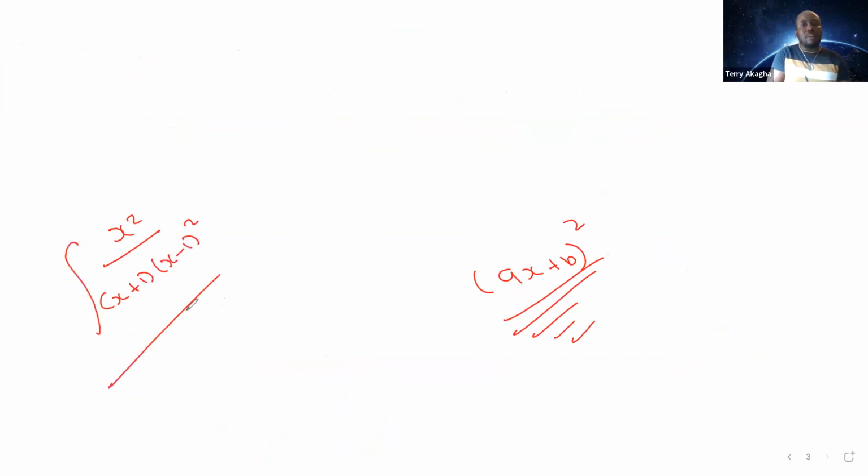When you're told to integrate something like this, what do you do? This is different. What we just talked about was a linear factor. But when you have an (ax plus b) squared factor, it's still the same thing, but slightly different, based on the partial fractions we talked about in the previous video.